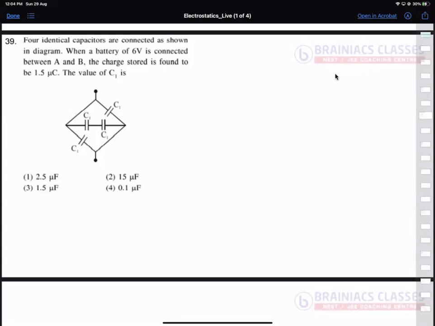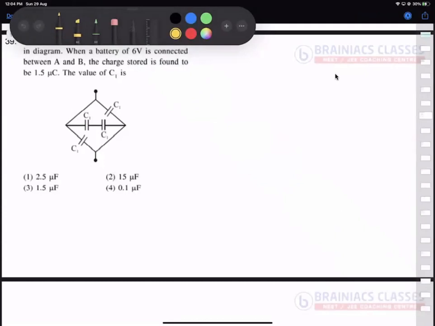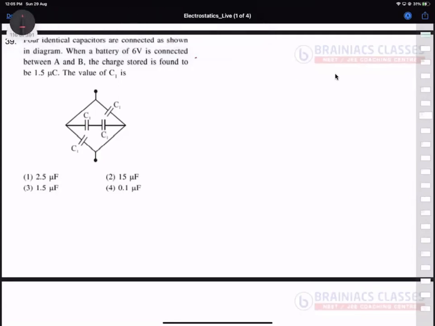As I discussed in the theory class as well, if you get questions related to a capacitance diagram, wherever you are attending, it's the same procedure. Once you get a circuit diagram, you don't know which are series connections and which are parallel connections. In such cases, what can we do? That's the point.